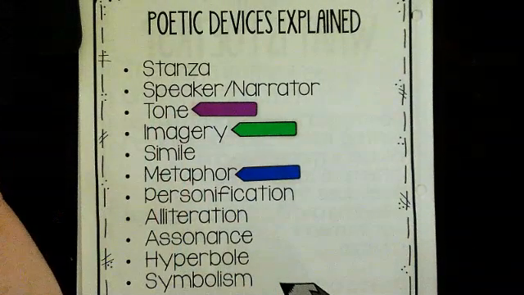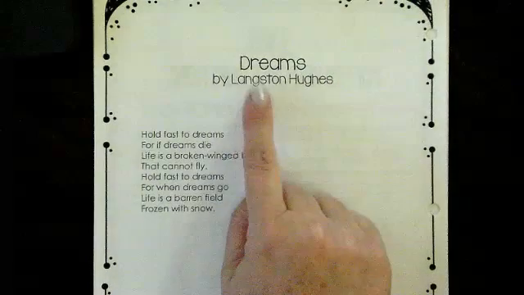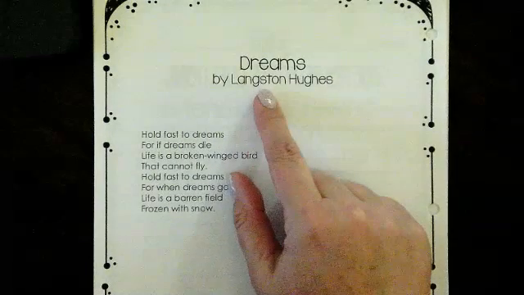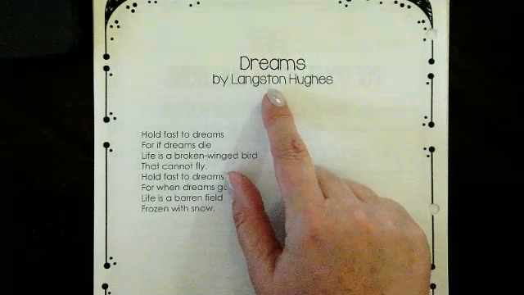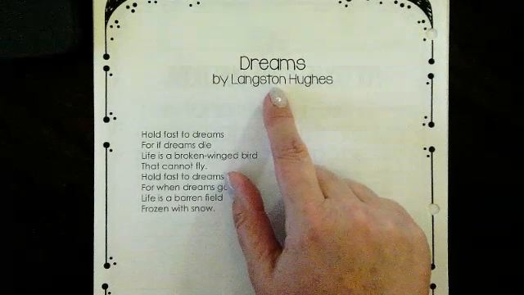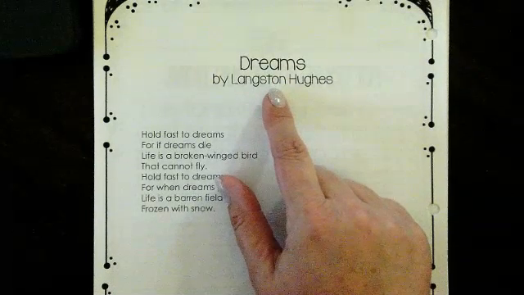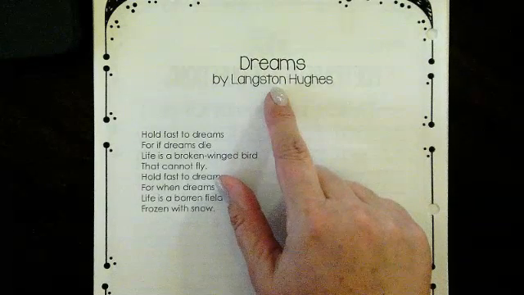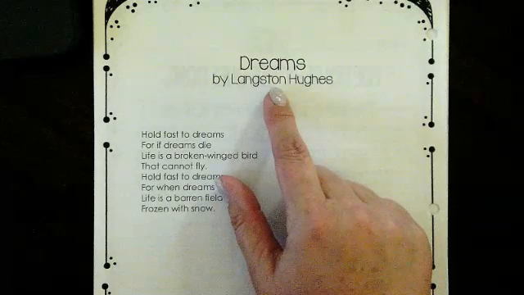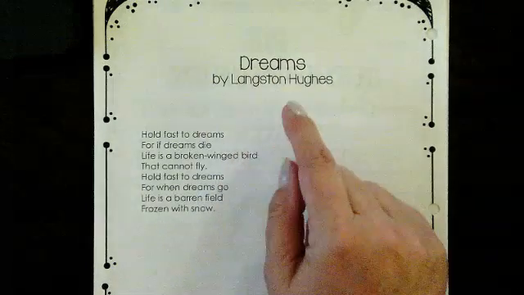I'm going to take out my poem. So this is the poem Dreams, and it's by Langston Hughes. And if you were with me for social studies, we've studied Langston Hughes before. He was a poet, and he was very, very popular and famous during a time period called the Harlem Renaissance.